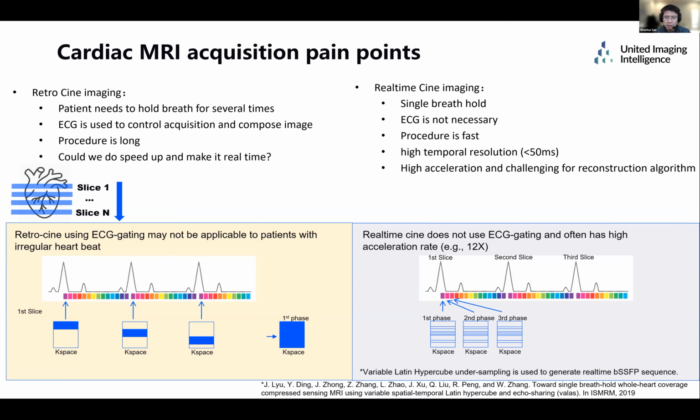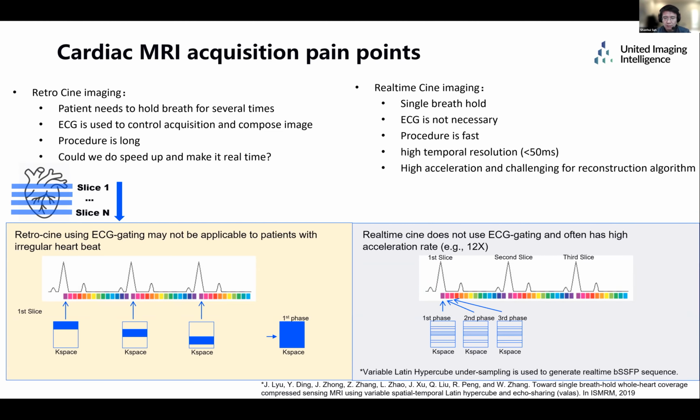We utilize a variable Latin hypercube undersampling pattern designed by our UIH colleagues, in their 2019 work. We utilize this method to generate the sampling pattern, and at each time point, like the figure on the right bottom shows, we fill in all the information we need.